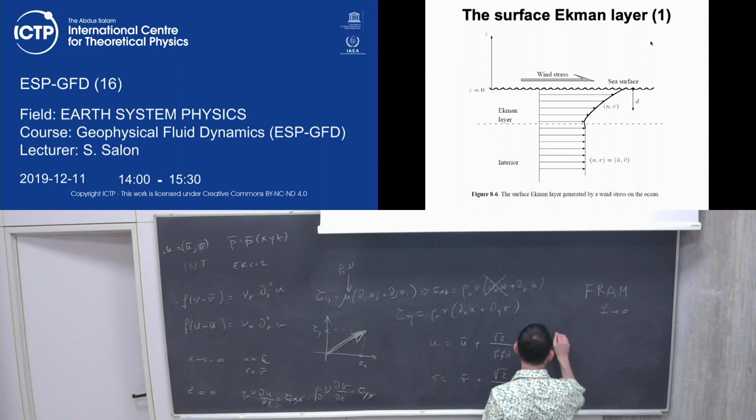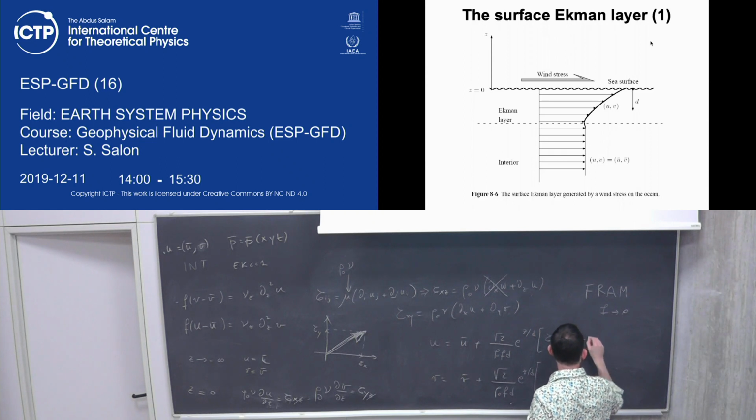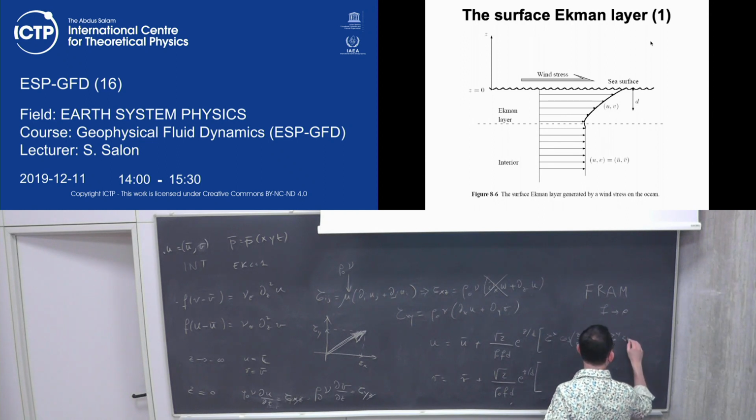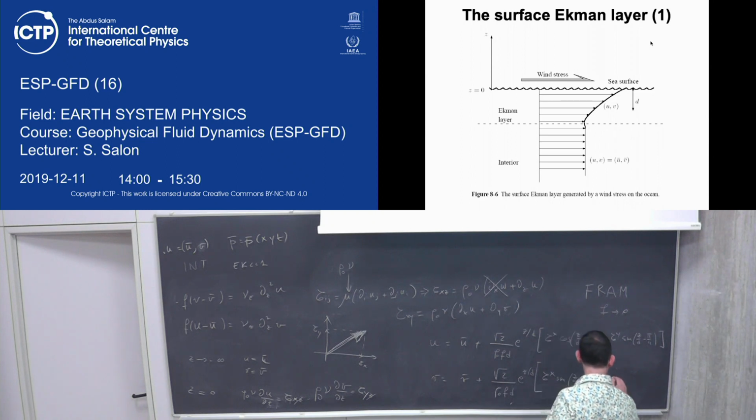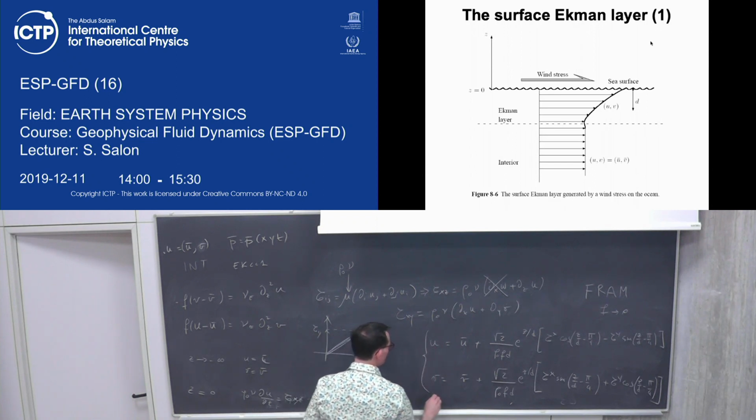So inside we have tau x cosine (z/D minus pi/4) minus tau y sine (z/D minus pi/4), and then tau x sine (z/D minus pi/4) plus tau y cosine. Okay, so this is the solution of the surface Ekman layer.